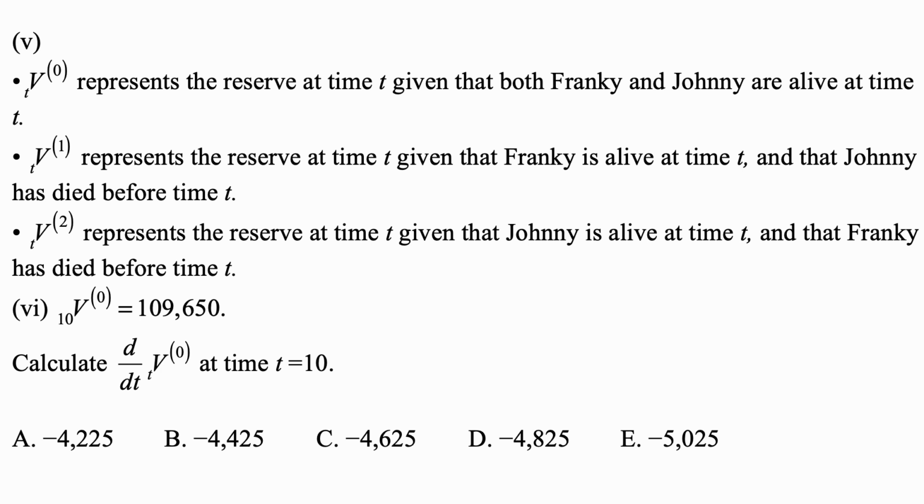We're also given that 10V upper 0, so the reserve at time 10, given that both Frankie and Johnny are alive at time 10, is 109,650. And we're asked to calculate the derivative of the reserve as a function of t for the situation where both Frankie and Johnny are alive, so for upper 0, at time t equal to 10.